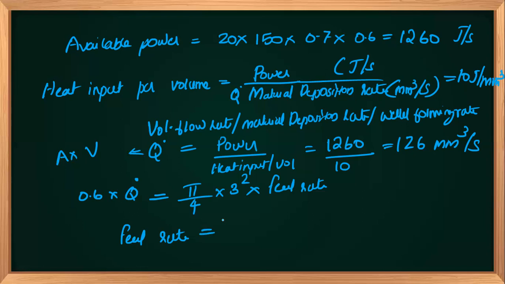This will be equal to 0.6 into 126 into 4 divided by 5 into 3 square. How much will it be? 4 into 126 into 0.6 divided by 9.